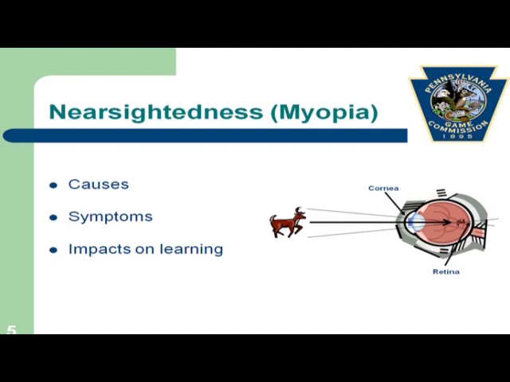Impacts on learning may include students being unable to see objects in the classroom with or without corrective lenses.